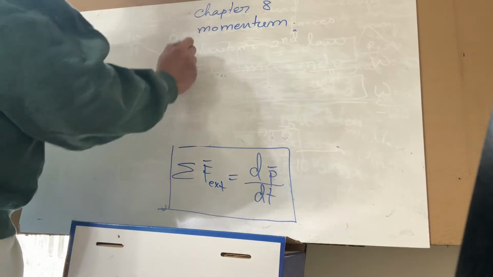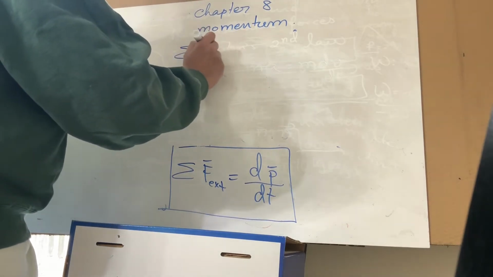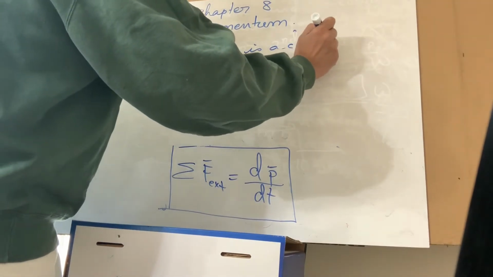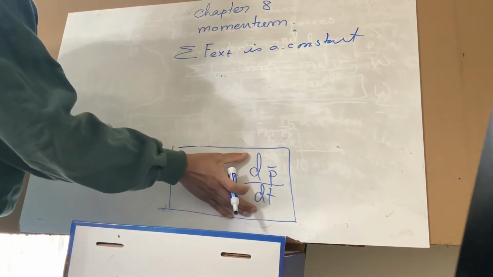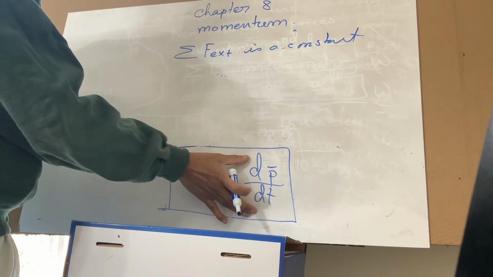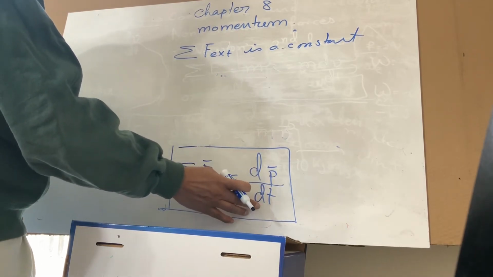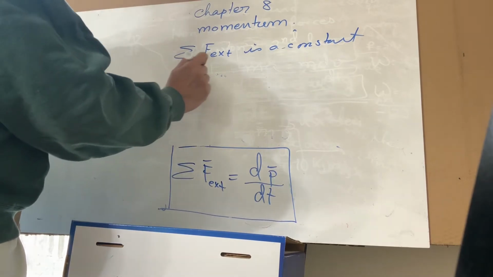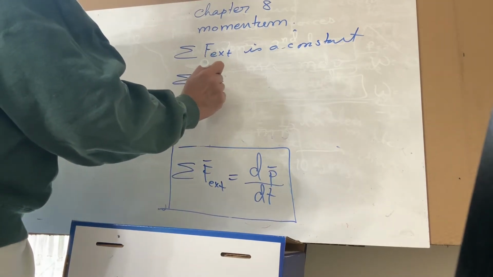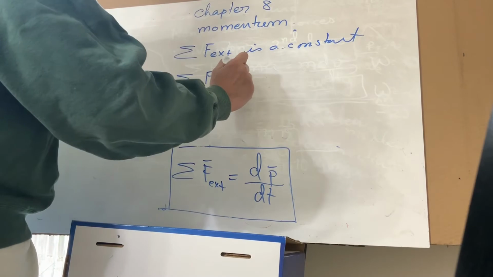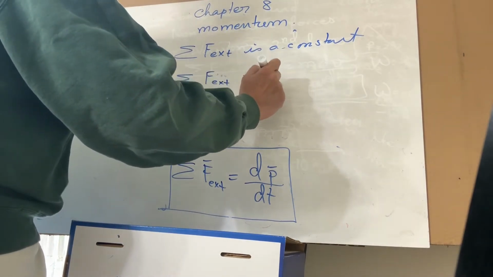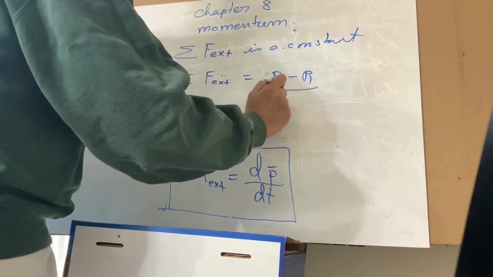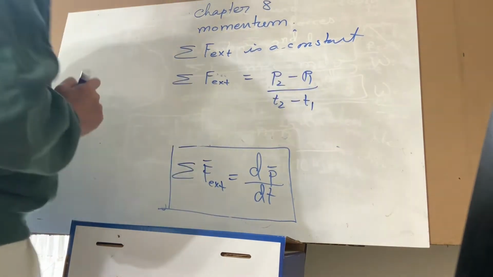So if this is a constant, then this quantity also will not change, right? Momentum will not change with time. It will remain the same. So I can write the sum of all the external forces, because it's a constant, as P2 minus P1 over T2 minus T1.